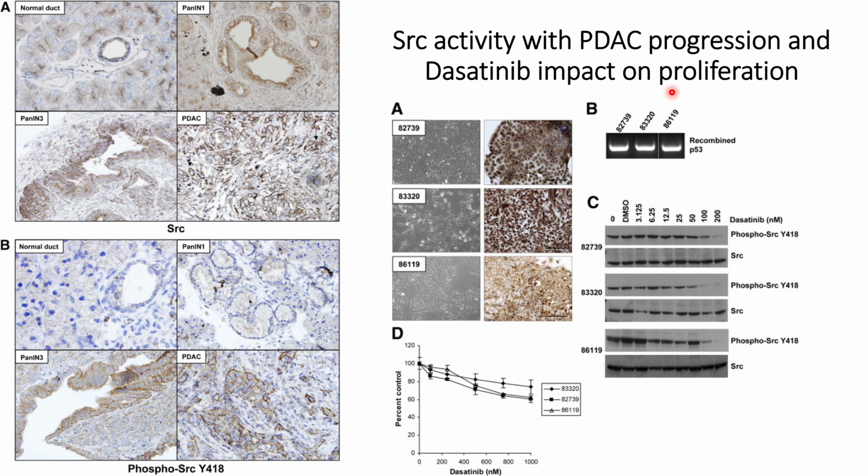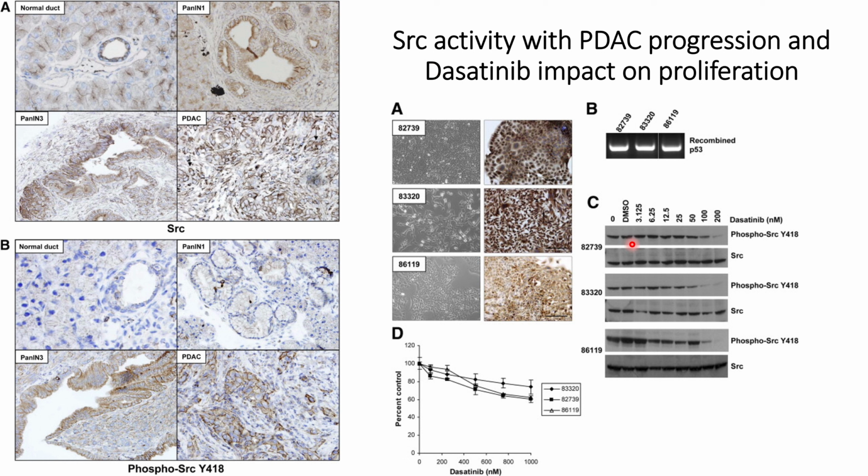They also checked recombinant P53, which further validates that these cell lines are derived from the mouse models. Then they checked the dose-dependent impact of dasatinib on the activated SRC.